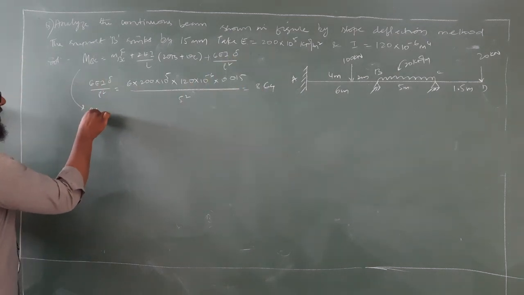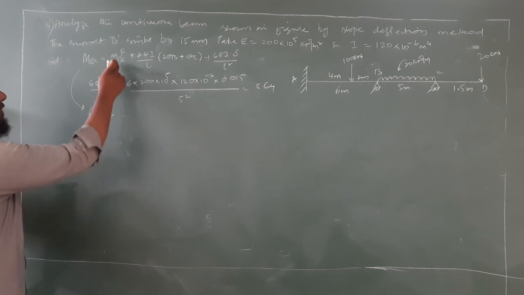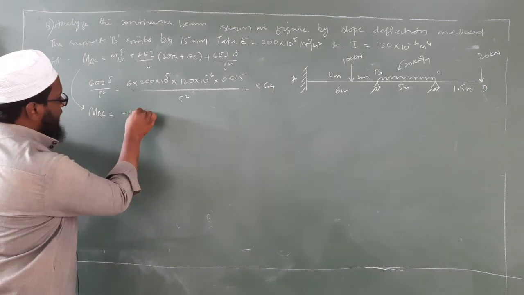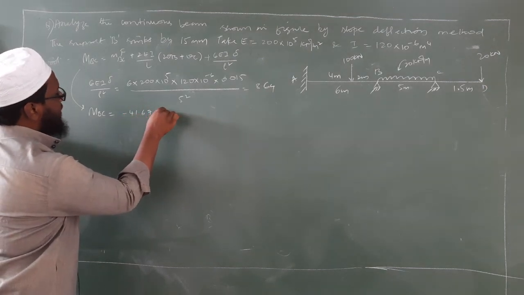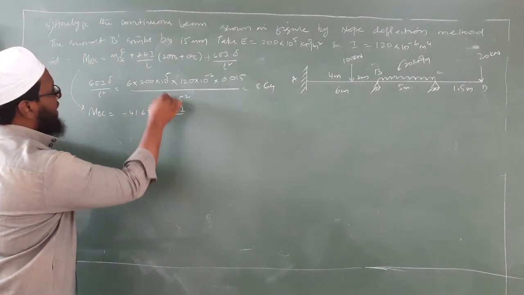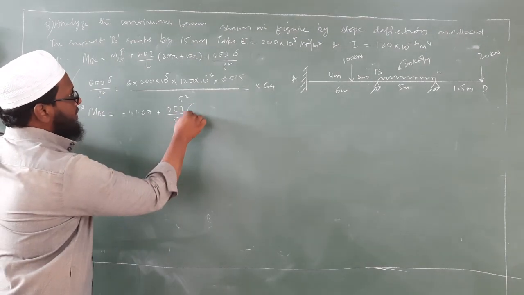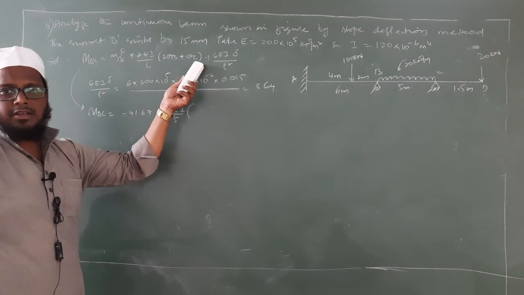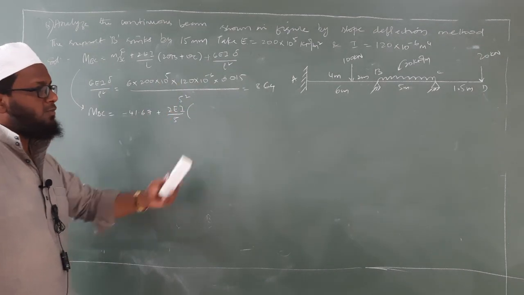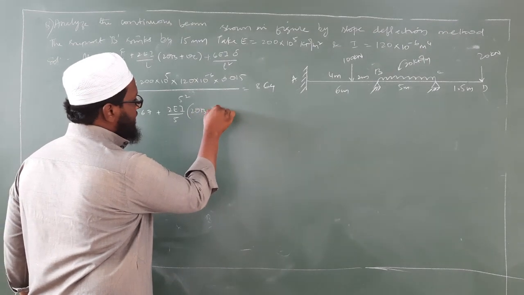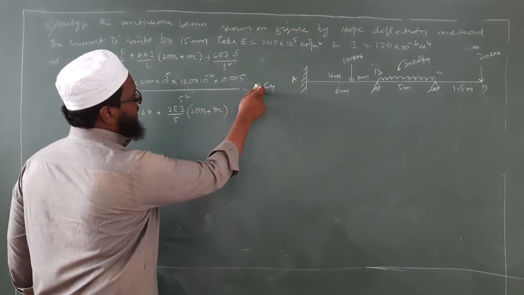That is capital MBC is equal to, what is the value of MFBC we have? 40 minus 41.67 plus 2 EI by L. What is the value of L here? 5, isn't it? So what about theta B and theta C? Both will exist because both are simple supports. So 2 theta B plus theta C. And what is the value of this one?